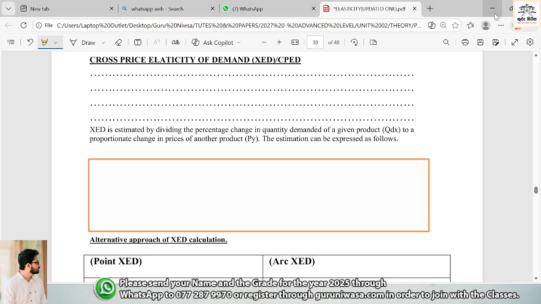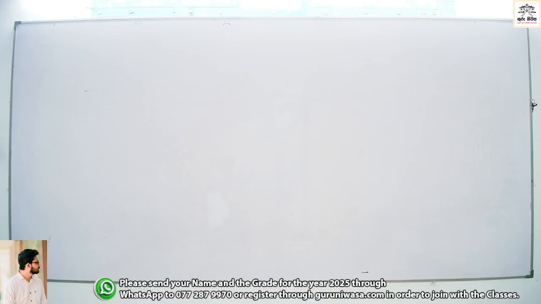So cross price elasticity of demand measures the responsiveness of quantity demanded to a change in prices of other goods. Other goods mean related products. Related products here means two: prices of substitutes and prices of complements.